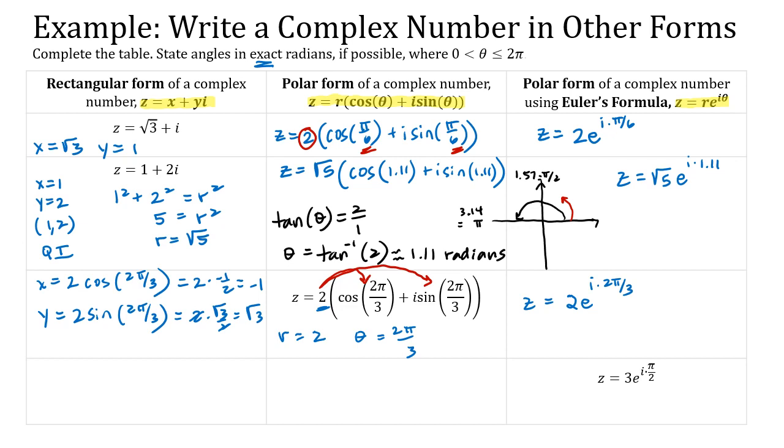So in rectangular form, z equals 2 times the cosine of 2 pi over 3 plus I times the sine of 2 pi over 3 turns into z equals my x value, which is -1, plus my y value, which was square root of 3, with an I hooked on.